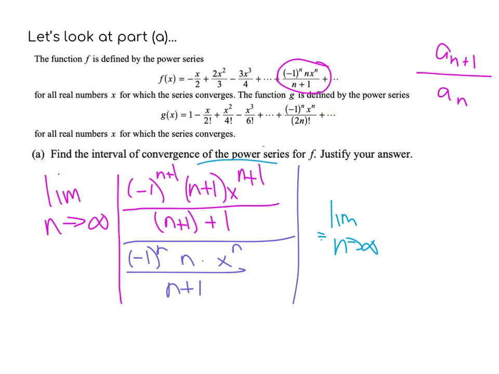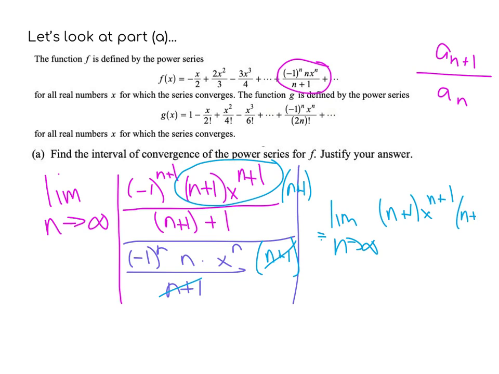And let's see. This will stay on the top. So I'll have n plus 1, x to the n plus 1. And I'm going to multiply by n plus 1 here. I should put parentheses there. And n plus 1 here. So that's going to give me another n plus 1.